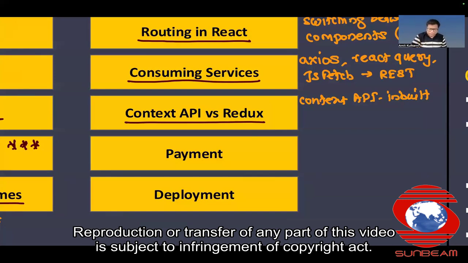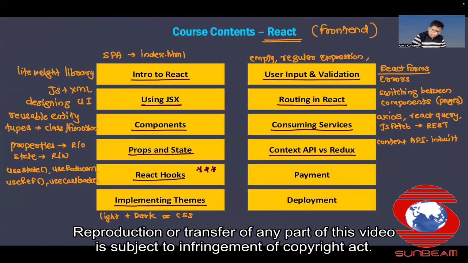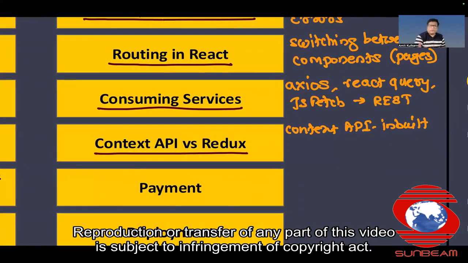It's inbuilt functionality, which is also important. As I showed last time, we want to change the theme from dark to light or light to dark. In this case, you are going to save which theme the user has used previously, or whether the user is logged in or not, or maybe the user's name, and so on and so forth. It will be stored inside the context API.